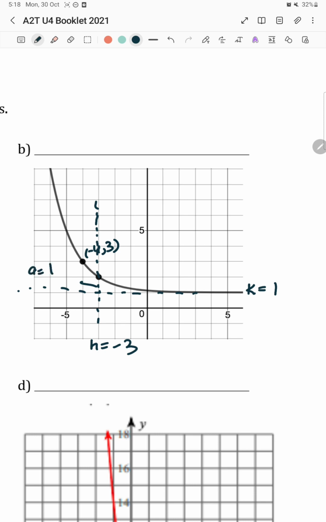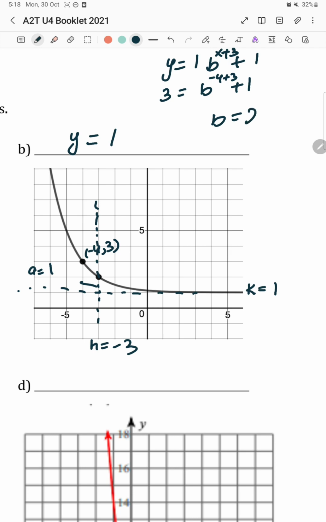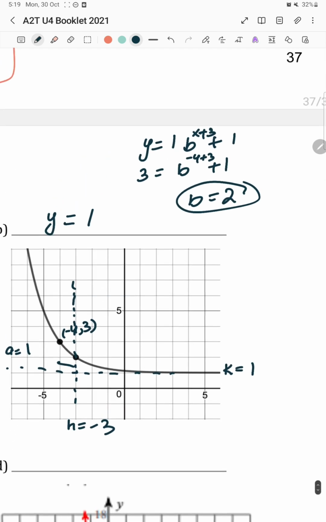So the equation would be y is equal to a b to the power x minus h plus k. Putting -4 in, 3 is equal to b to the power -4 plus 3 plus 1, b is equal to 2. So y is equal to 1 by 2 to the power x plus 3 plus 1.